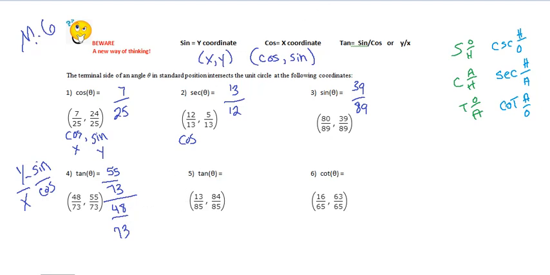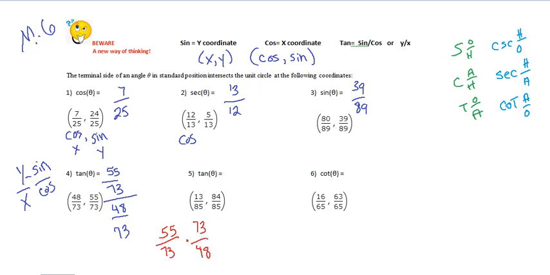Now, technically, the way that you need to work this out, it's this fraction divided by this fraction. So in other words, it'd be 55/73 times the reciprocal, because if you're going to divide fractions, we don't divide them, we multiply them by the reciprocal. So it's going to be 73/48.